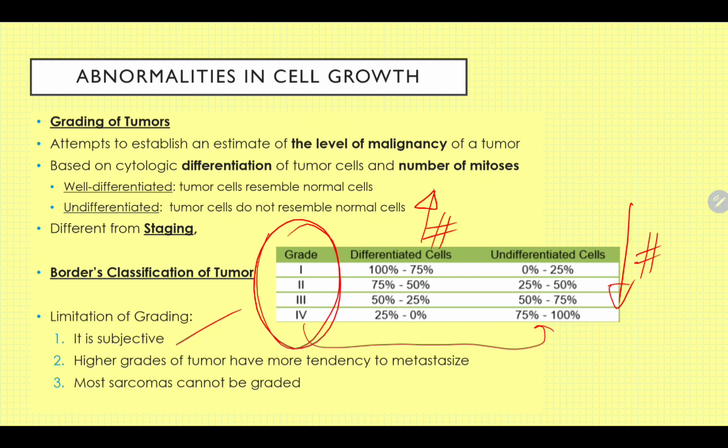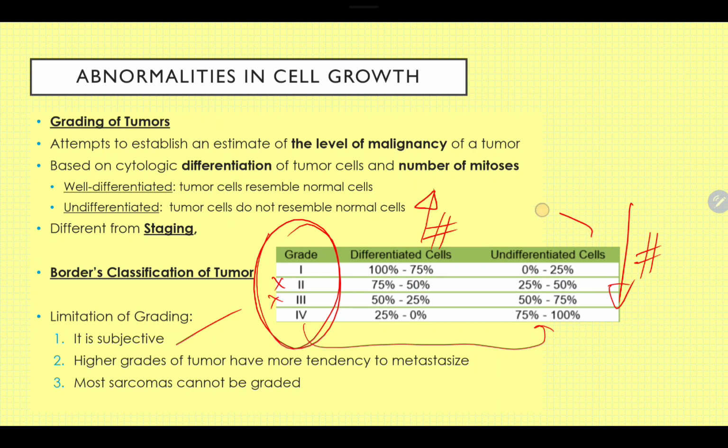Next, higher grades of tumor have more tendency to metastasize. So, example, if the slide na nabasa mo ngayon is grade 2 or grade 3, it may bear a different result a year later if you read the same patient, because higher grades of tumors have more tendency to metastasize.